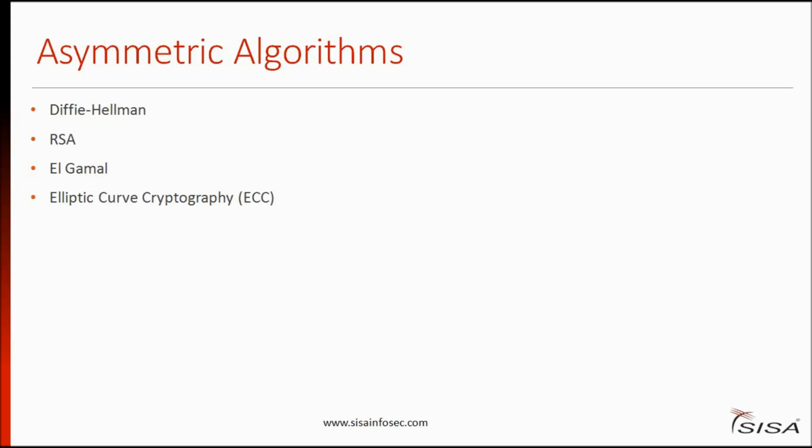We have ElGamal, which can be used for message confidentiality and digital signature service, and we have elliptic curve cryptography, which relies on computing discrete logarithms over an elliptic curve group. Due to the difficulty of the problem, the key size can be much smaller than RSA, but it still retains the strength of an RSA encryption algorithm.